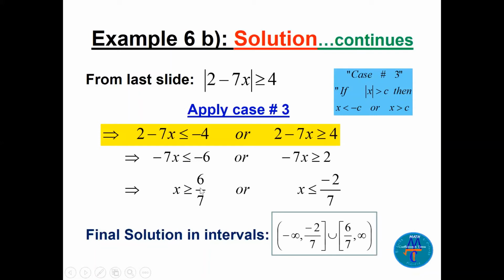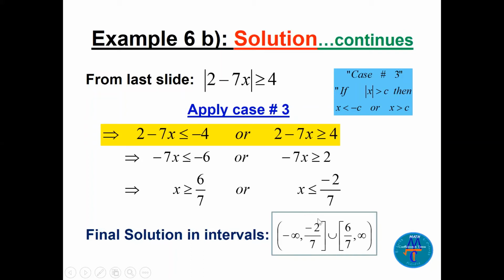See, change the sign now. Also here, minus 7x is greater than or equal to 2, this is positive. Divide by minus 7, so you get minus, and change the sign. Here we have 2 minuses. So here in the answer we have plus, but we change the sign. So this one is smaller. We start with the smaller, x less than. From minus infinity to minus 2 over 7, union, this is the positive, 6 over 7 until infinity. That's the final solution of B part.